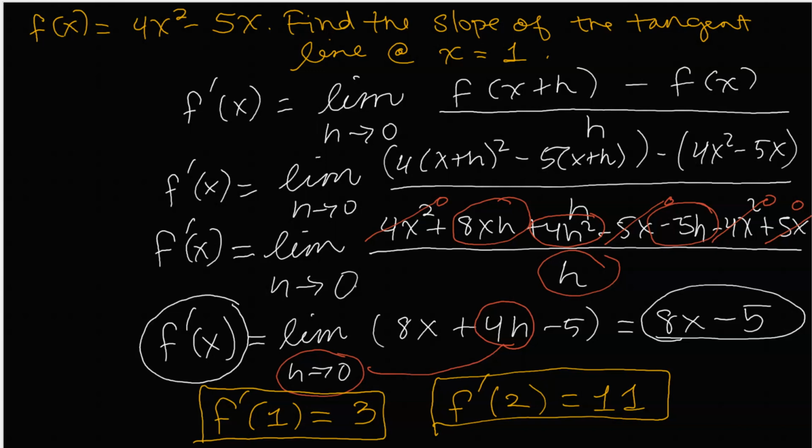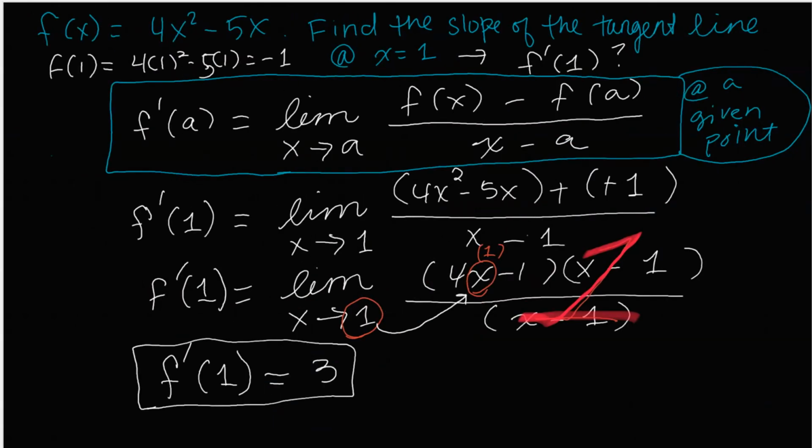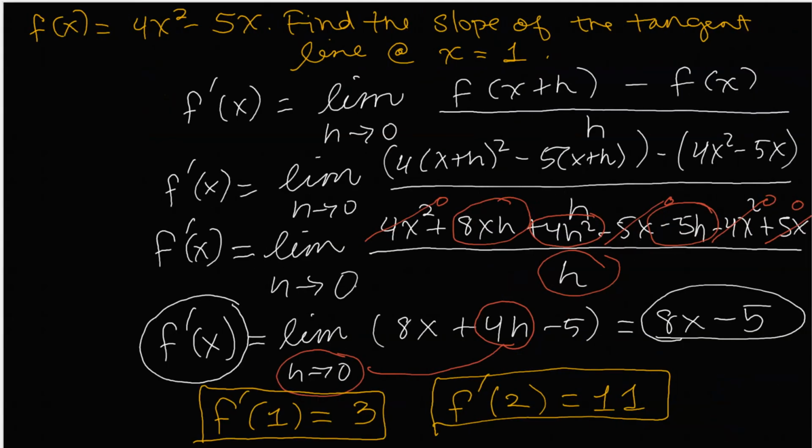So that's the difference between the two. This definition here is the slope at a, and here is the slope function. That means at any given point x, rather than just at a particular point. And that's the difference between the two definitions.